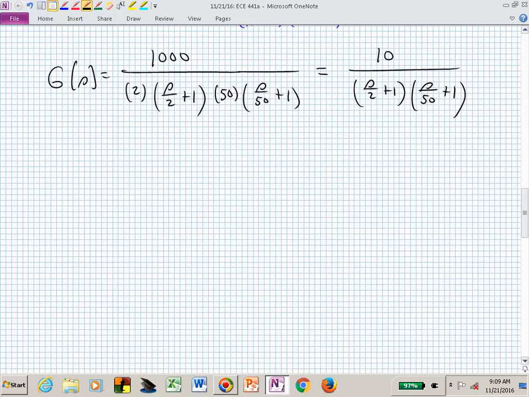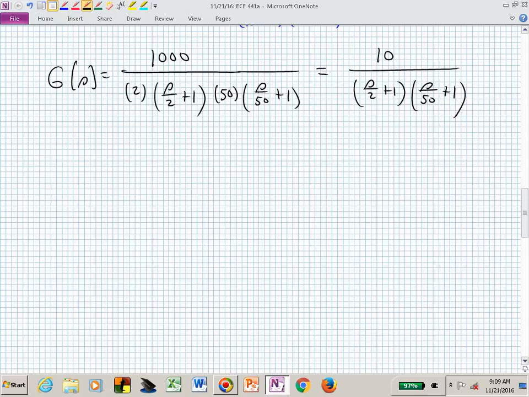So the DC gain is 10, and now I know that my magnitude is starting at 20 log of that number, which in this case is 10. And base 10 logarithm of 10 is 1, so now my gain at low frequencies is 20 dB.